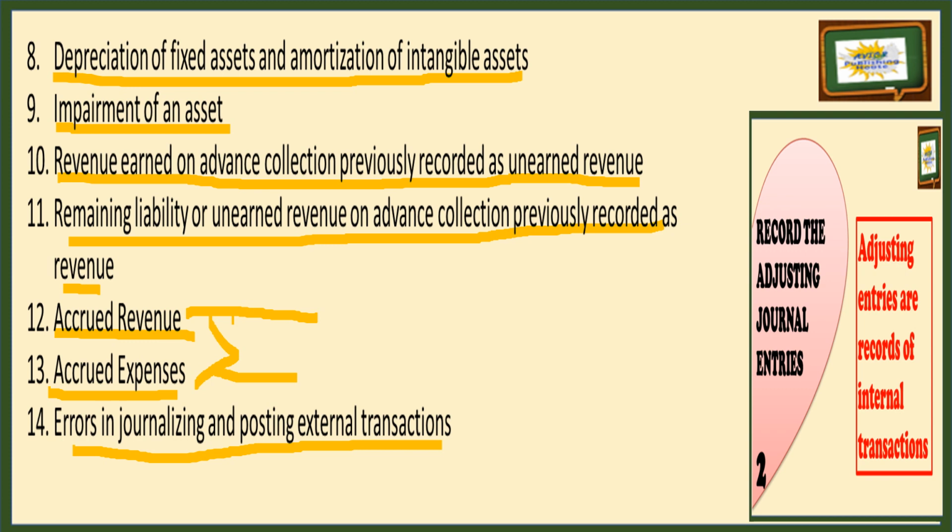Now, the other one is deferrals. So, these are revenue advance. This is either advance collection or advance payment. So, advance collection of sales or revenue previously recorded as unearned revenue is an unearned revenue because there is still an obligation to perform.